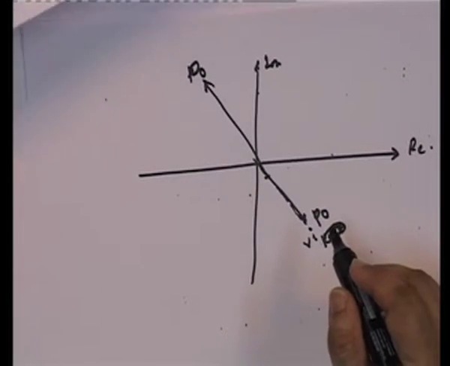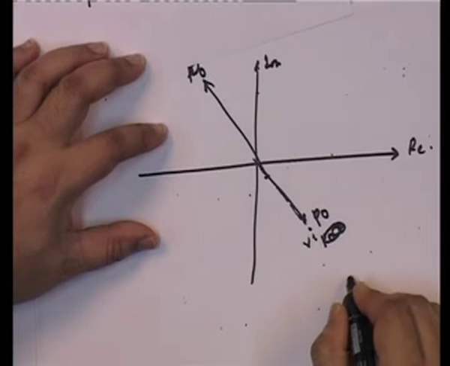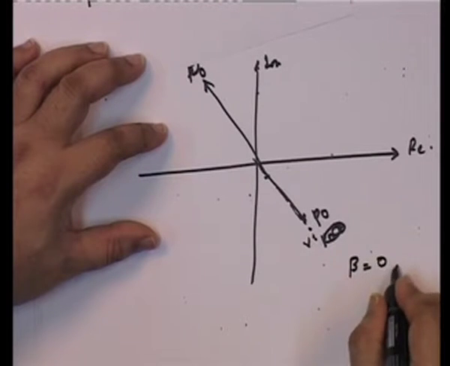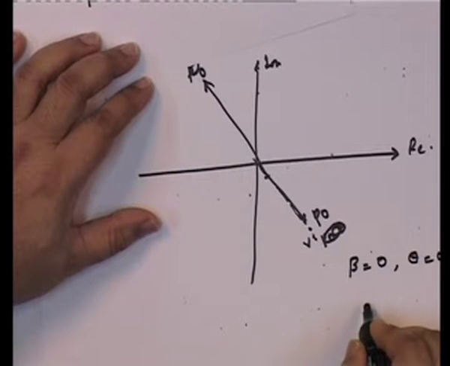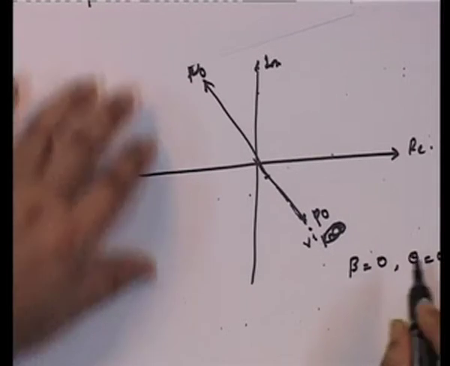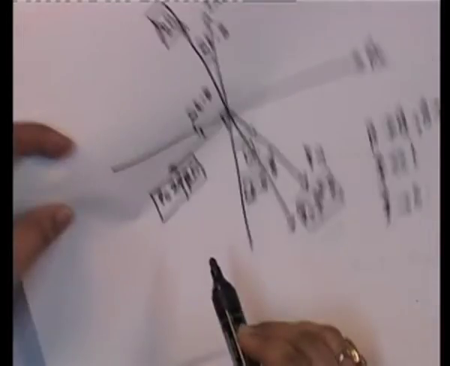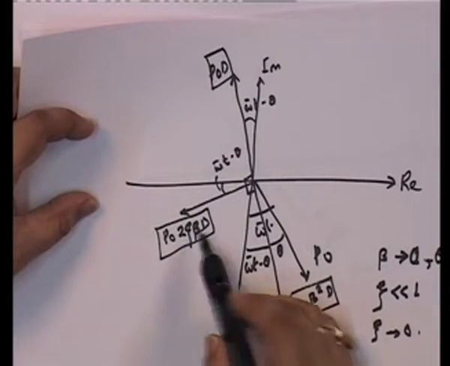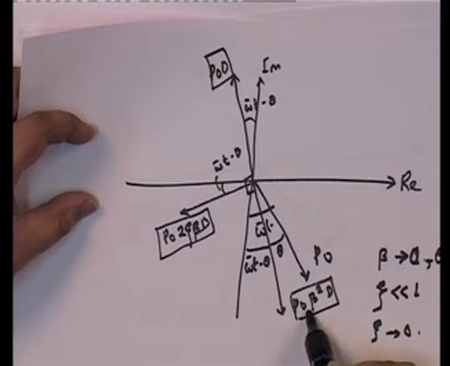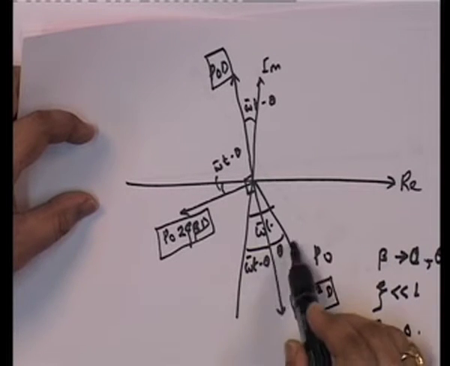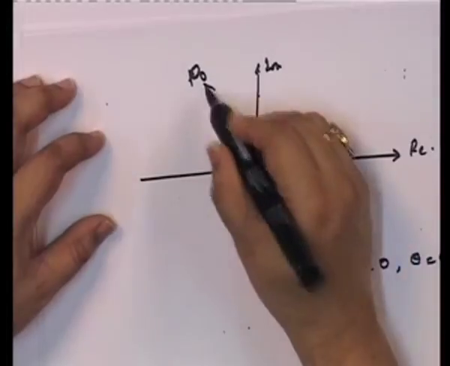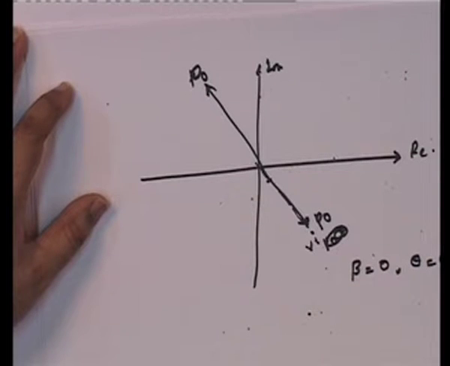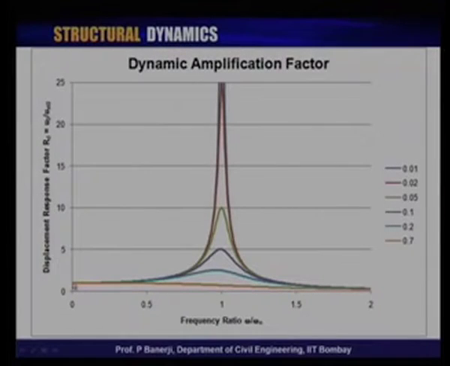When beta is equal to 0, theta is equal to 0, this term goes to 0 because beta is equal to 0, and this term goes to 0 because theta tends to 0. What does beta equal to 0 actually mean? Static. Omega is equal to 0, this is static condition.